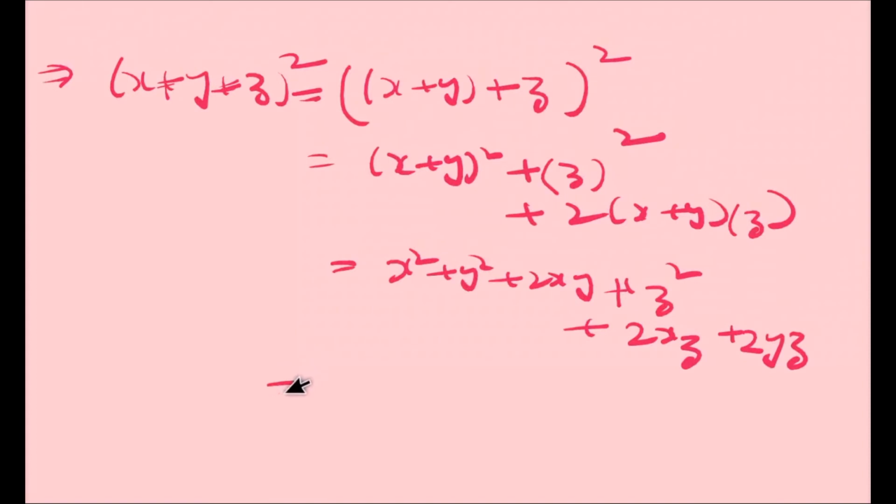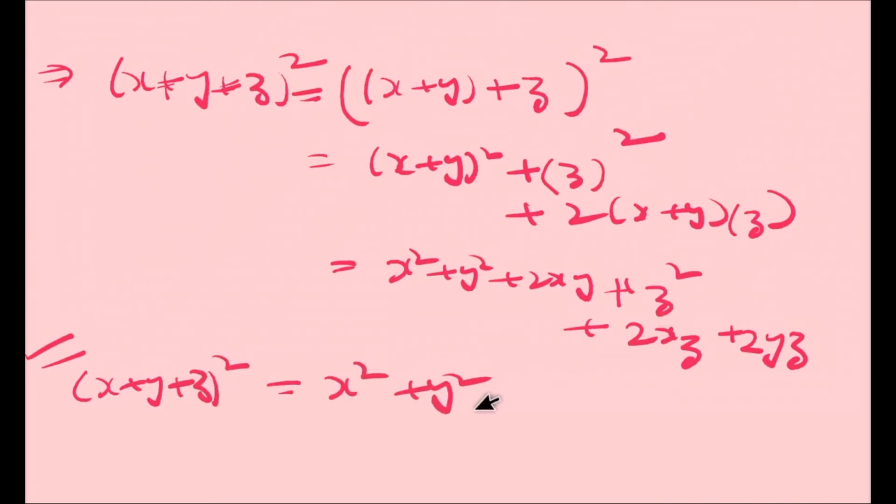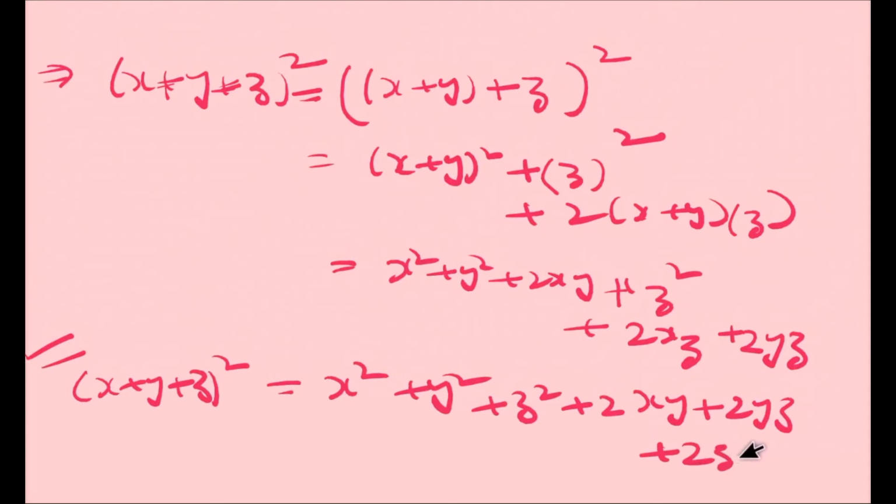Now write in sequence, we get the formula: x plus y plus z whole square equals x square plus y square, first write here z square, and then plus 2xy plus 2yz plus 2zx. This is the sequence, you have to learn this formula: x square plus y square plus z square plus 2xy plus 2yz plus 2zx. You have to learn this formula.